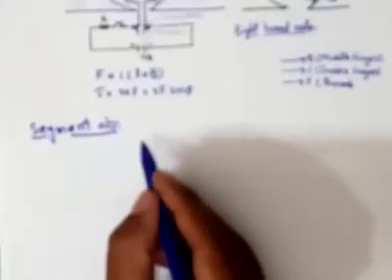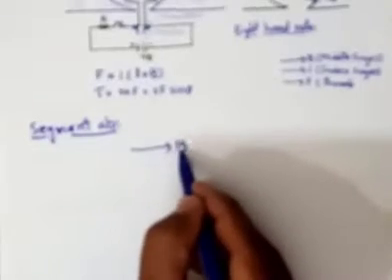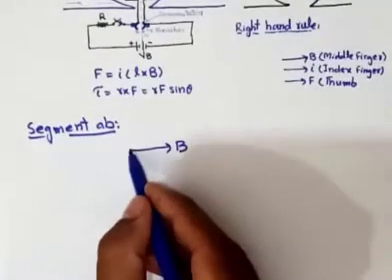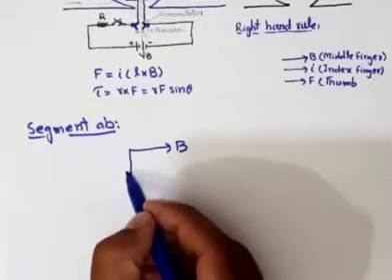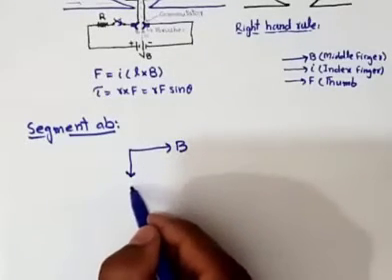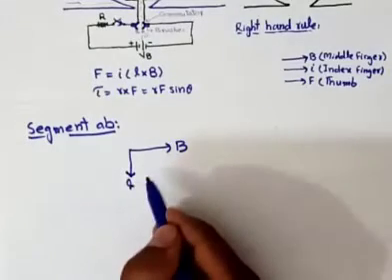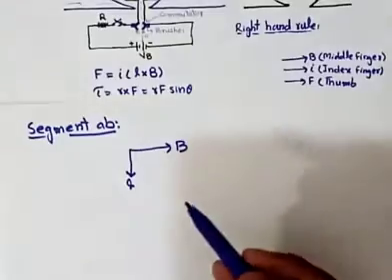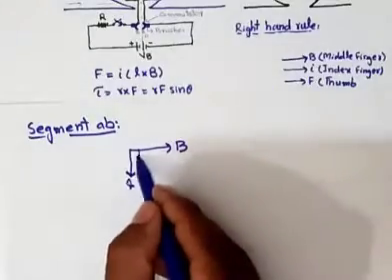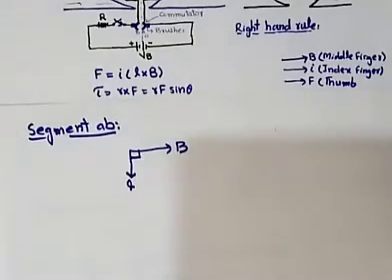The direction of the magnetic field is towards right, and the direction of the current is outward, and the angle between length and magnetic field is 90 degrees. It means the condition of the force is fulfilled here.